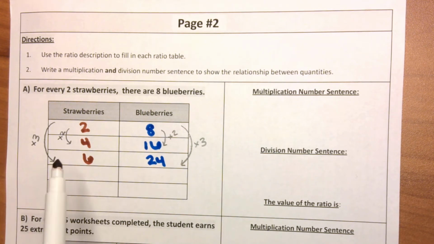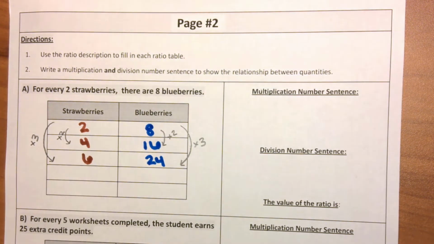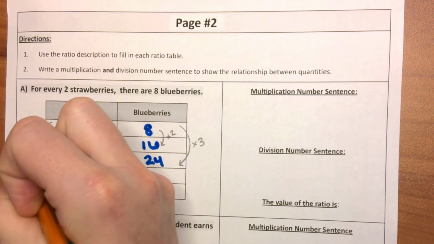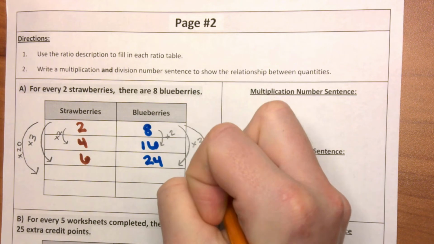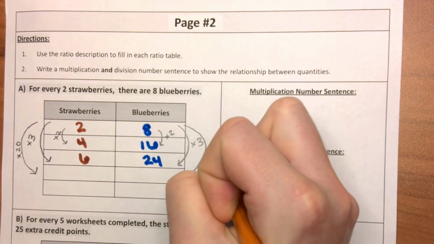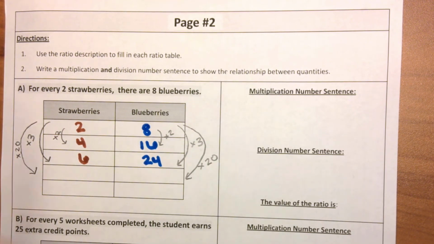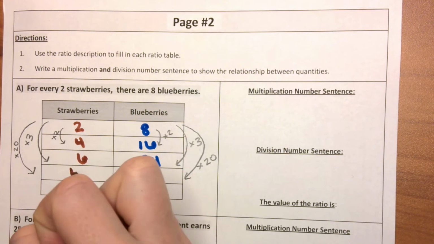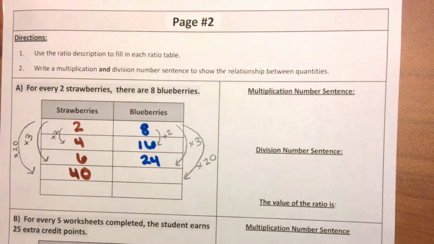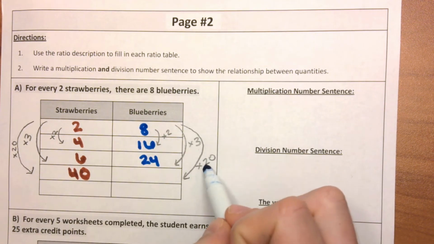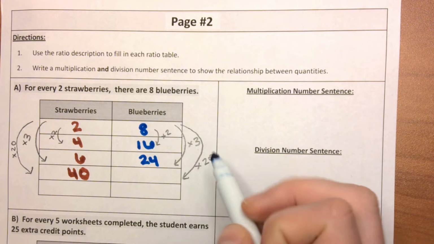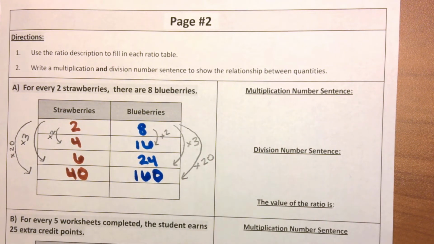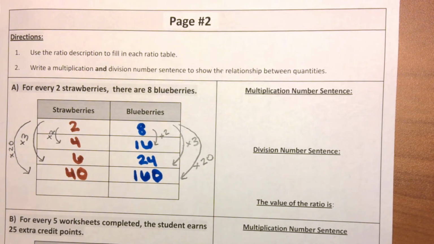So I'm going to multiply 2 times 20, change it up a little bit, and 8 times 20. Well, I know 2 times 2 is 4, so 2 times 20 is 40. 8 times 2 is 16, so 8 times 20 is 160. I'll just add a 0. Fill in that last row on your own with your own equivalent ratio.